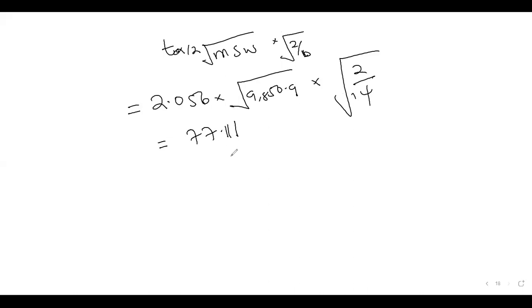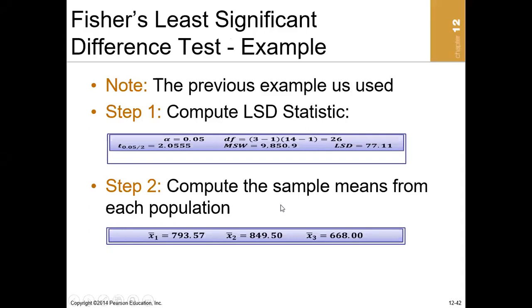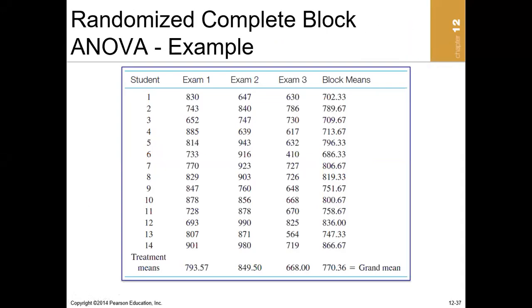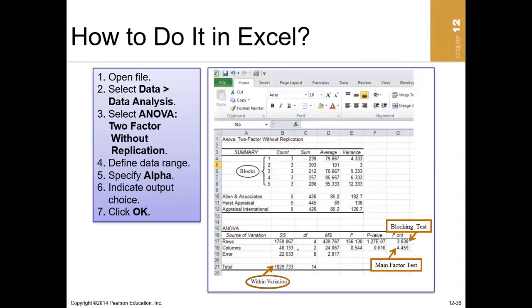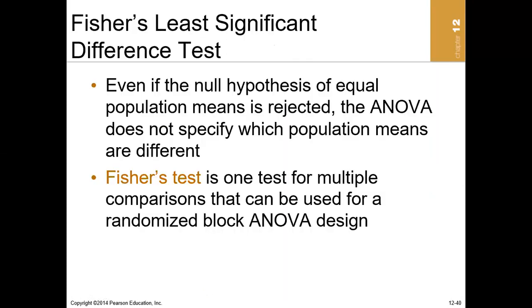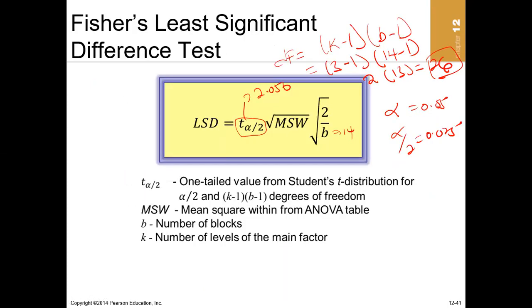Now, how do we check whether there is a difference? Here also, we are going to do multiple comparison. If you remember, we had 3 groups, and these were their averages. I'm going to find the absolute mean difference.